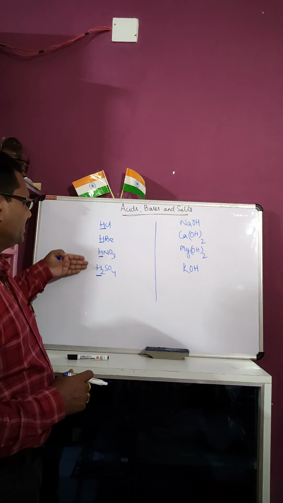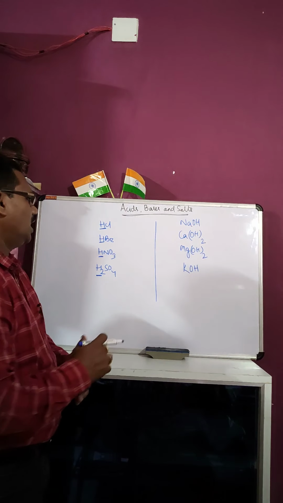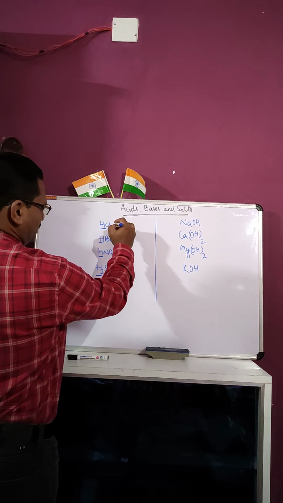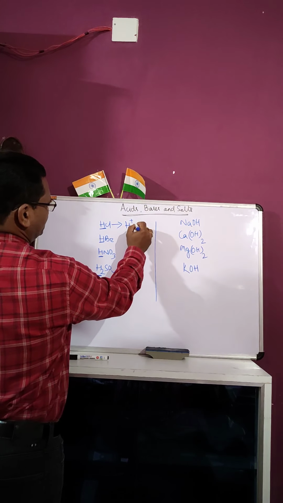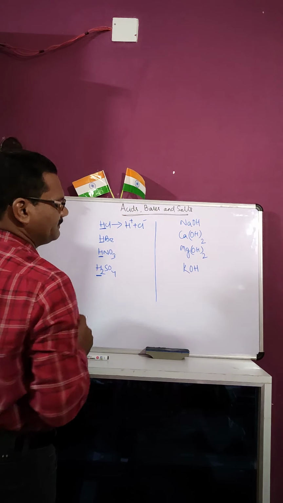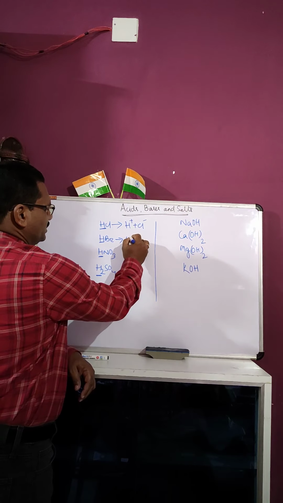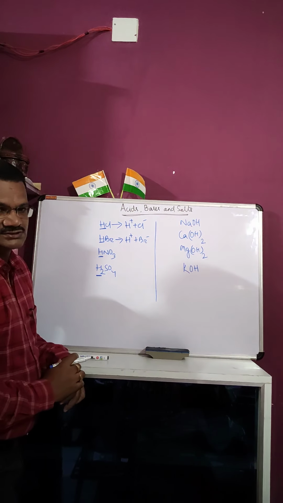These all contain hydrogen or H plus ions. On dissociation, if I put this in water, it will give H plus and Cl minus. Similarly, this compound will give H plus and Br minus.